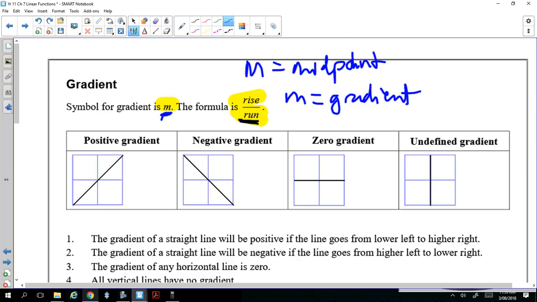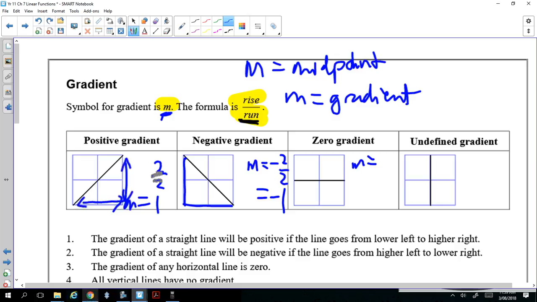And for this one, it's negative 2 over 2 because it's going downward from left to right. So the gradient is negative 1. And the 0 gradient, because its rise is 0 over 2, right? Run is 2, rise is 0. So what's 0 over 2? 0. So a horizontal line has a gradient of 0.